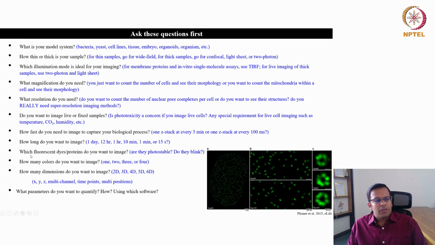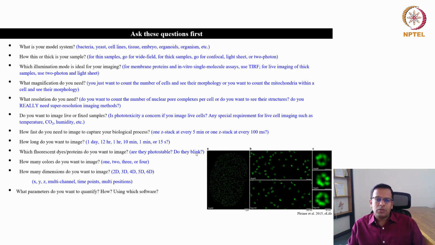The next question that you will ask is which fluorescent dyes or proteins do you want to image? Are they photostable or do they blink? Why did I mention do they blink? Because if you really want to go for super resolution imaging, STORM based super resolution imaging, you need a fluorescent dye that has the blinking property.